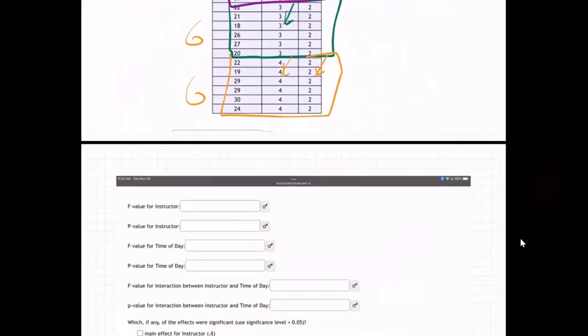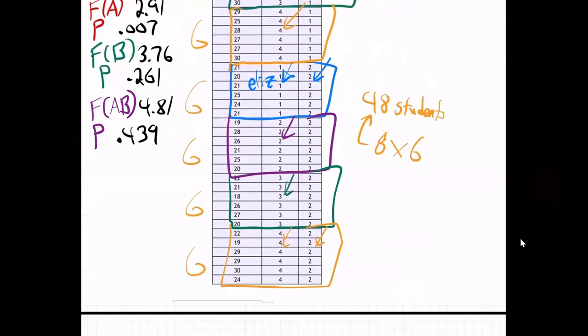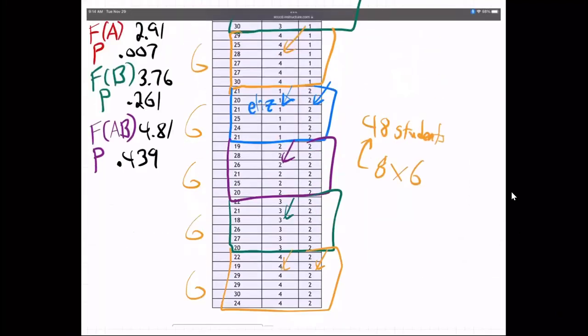So this is going to be your F of A and the p-value. And then F of B and the p-value. F of AB and the p-value. So we're going to put those in just like that. And so I'm going to write in what my made up numbers were again.